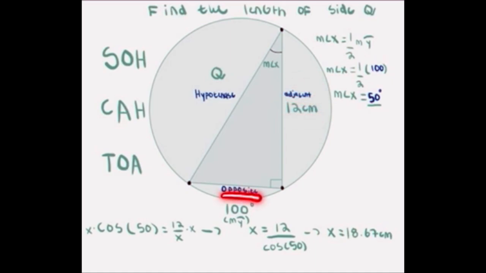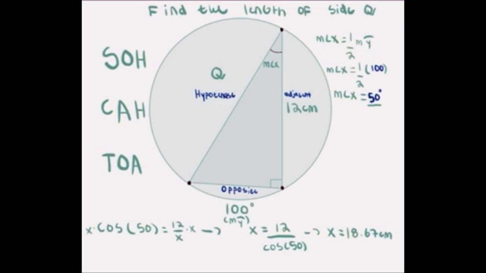The opposite side we are not given, but we don't need to find it just yet. I know this is the opposite side because we are given this angle right here, so opposite the measure of angle X is this side. And I know that Q is the hypotenuse because it is opposite the right angle, and the only side left is the adjacent side.